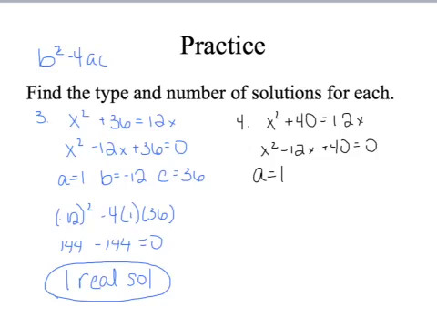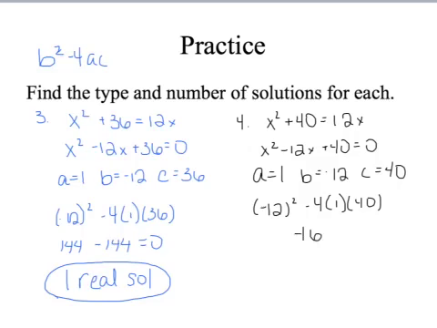So a is 1, b is negative 12, and c is 40. Using the discriminant, I get negative 12 squared minus 4 times a times my c value. When you simplify that, you end up with negative 16. So if your discriminant is negative, you have a negative underneath the radical, which means you don't have any real solutions. You will end up with 2 imaginary solutions.